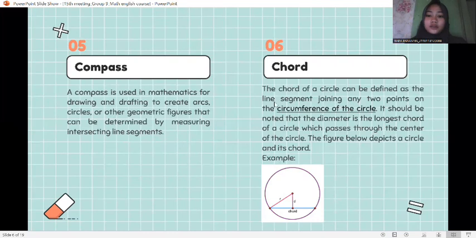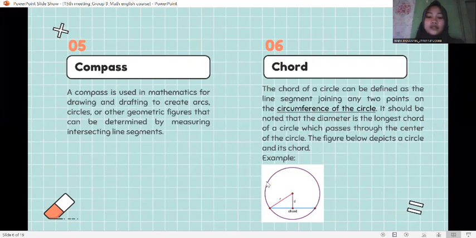Next is chord. The chord of a circle can be defined as the line segment joining any two points on the circumference of the circle. It should be noted that the diameter is the longest chord of a circle, which passes through the center of the circle. The figure below depicts a circle and its chord.